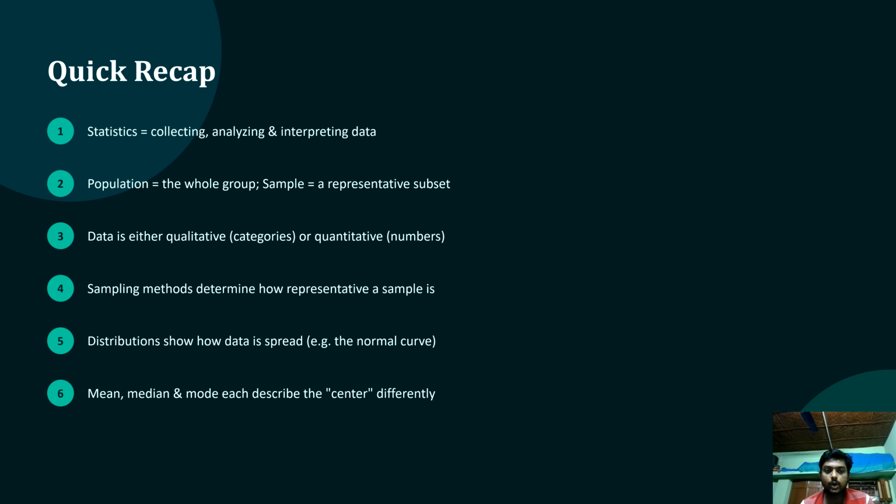A quick recap of what we have discussed. Number one, statistics: collecting, analyzing, and interpreting data. Number two, population is the whole group, and a sample is a representative subset of that population. Number three, data is either qualitative, categorical data, or quantitative, numerical data.